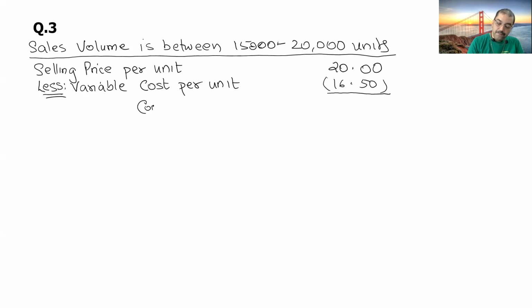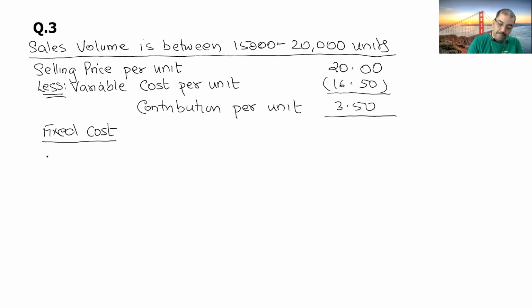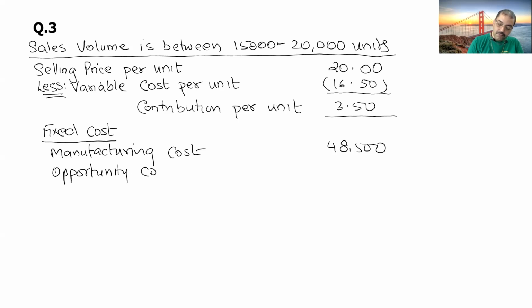Contribution per unit, 3.5. Fixed cost: manufacturing cost 48,500, and opportunity cost, that is the rent, 5,600. Total fixed cost is 54,100.